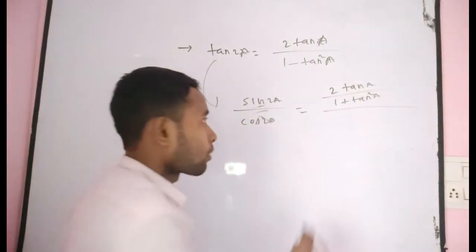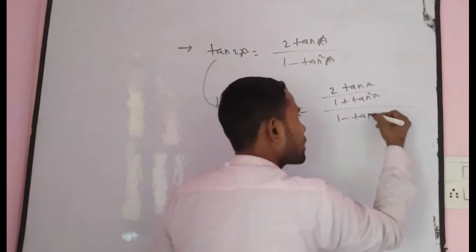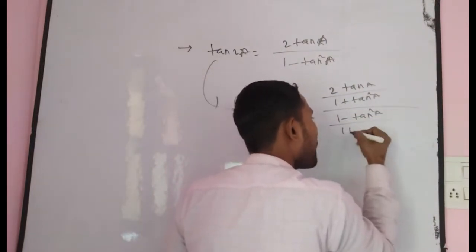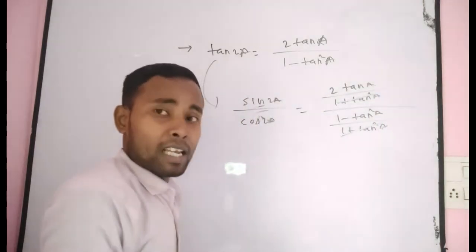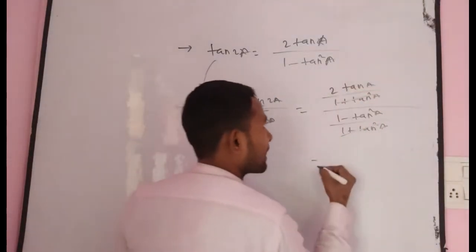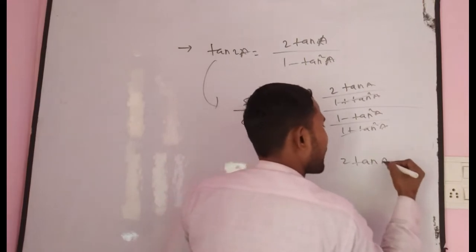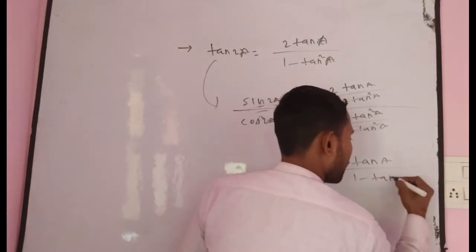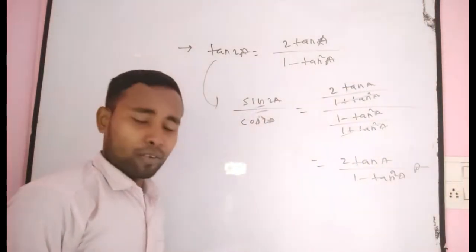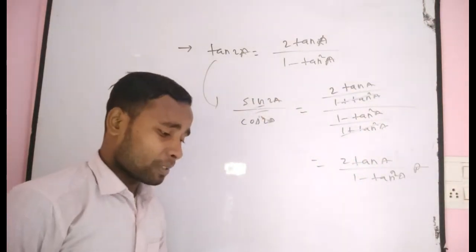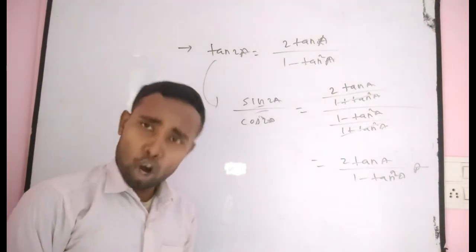Cos 2a is equal to what? Cos 2a is equal to 1 minus tan square a divided by 1 plus tan square a. Here 1 plus tan square a and 1 plus tan square a will cancel each other. Finally you get 2 tan a divided by 1 minus tan square a. This is your required formula. Now similarly you can prove all these formulas.